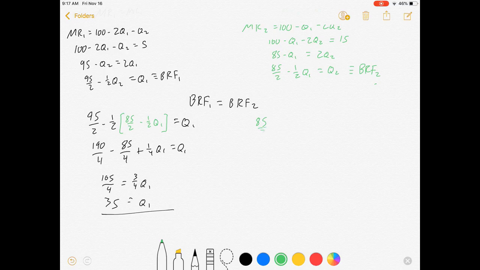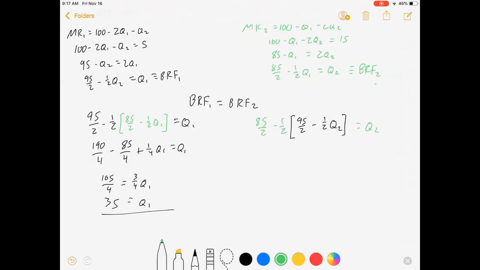Same idea for firm 2. 85 over 2 minus 1/2 times Q1, which is 95 over 2 minus 1/2 Q2, equals Q2.